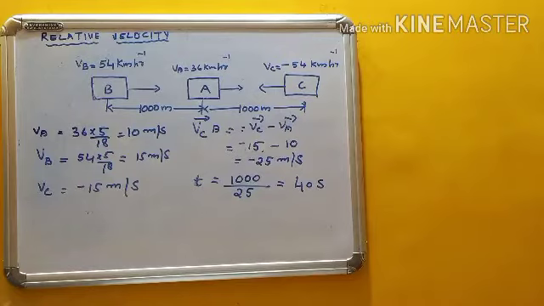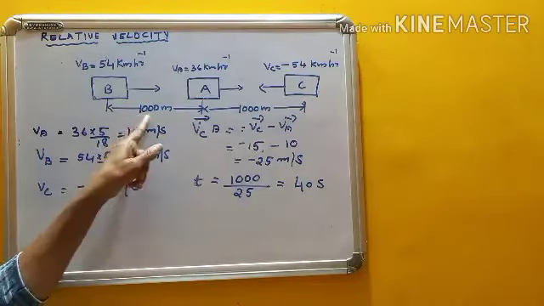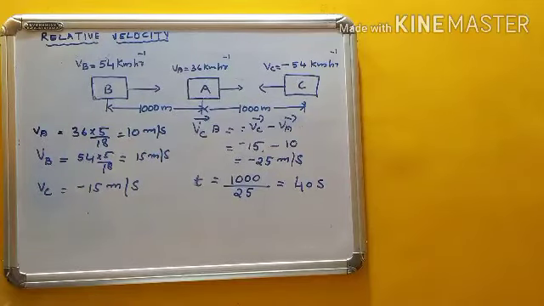So for the car C to reach A with that velocity of 25 meter per second, it will take 40 seconds. Okay. So to avoid an accident, B has to cover this distance of 1000 meter in a time just before 40 seconds.